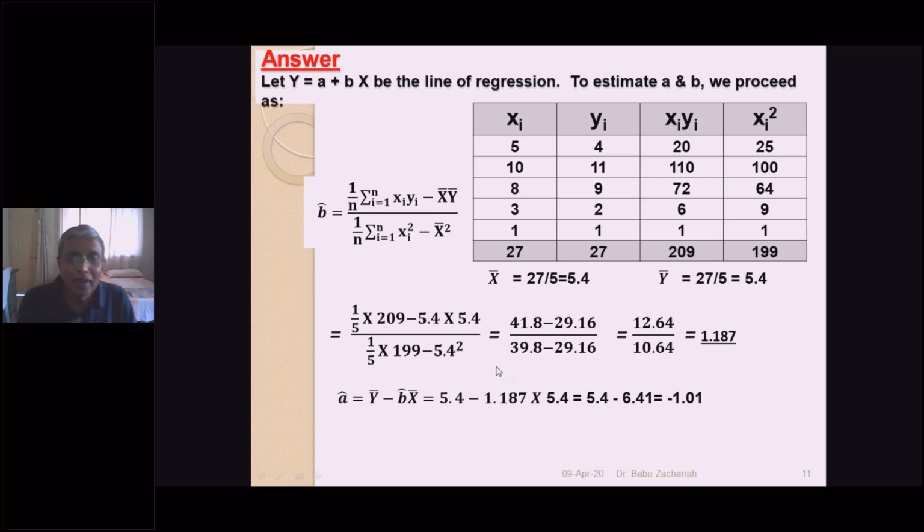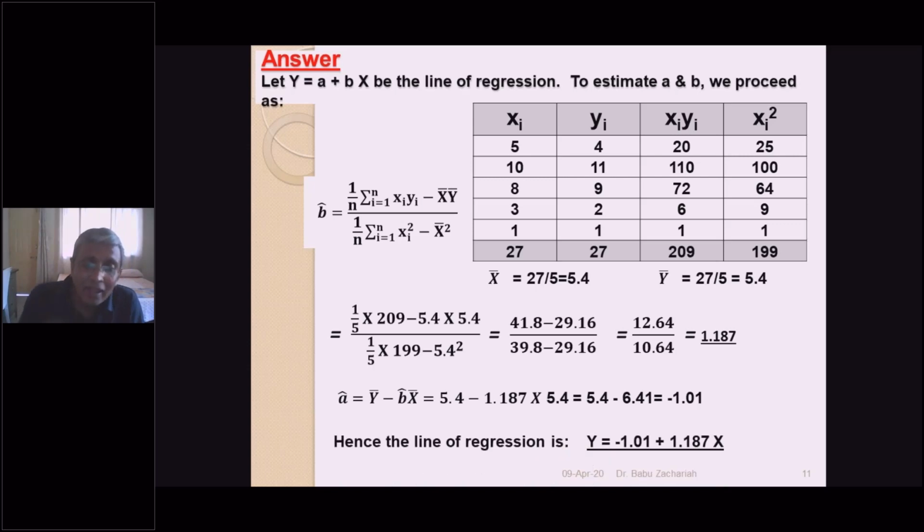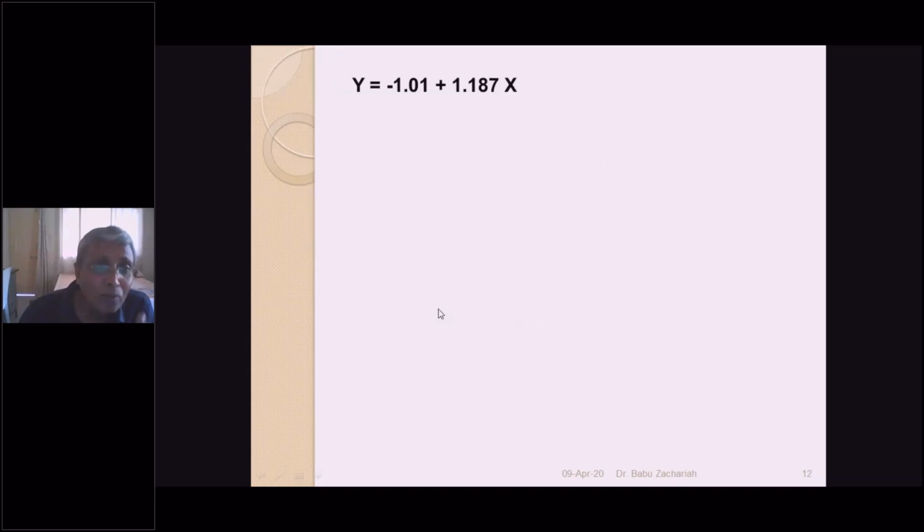See, I have got A and B, but this is not the answer expected. What is the question? Get the line of regression. So I have to write my answer like this. Hence, the line of regression is y is equal to minus 1.01 plus 1.187 times x.